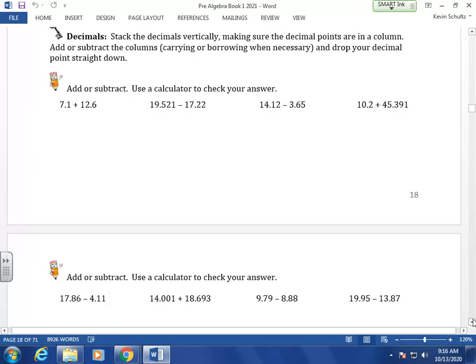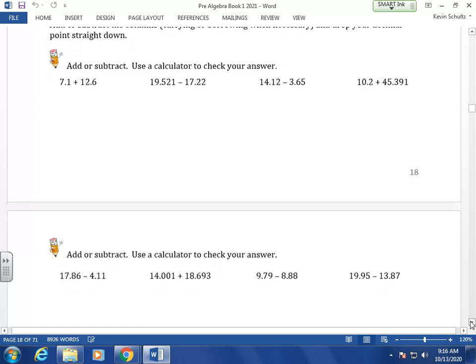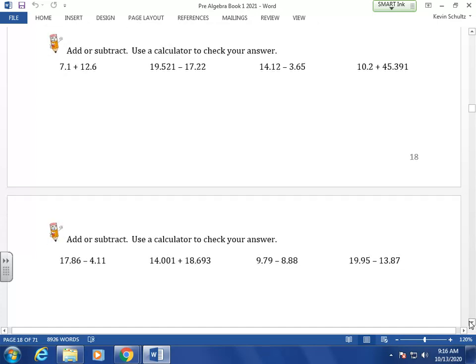Decimals. What's the important thing to remember when you are adding and subtracting decimals? With integers, it was kind of the which direction are you going on the number line type of deal. But what about decimals? Yeah, Sarah. Yes, place value is so important.